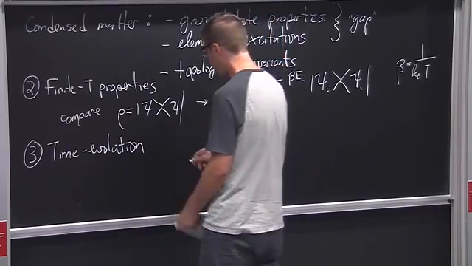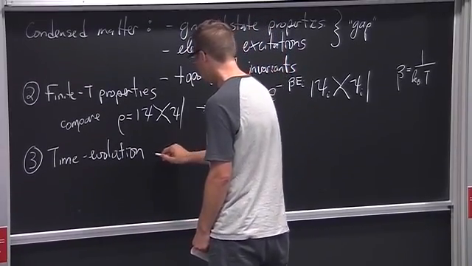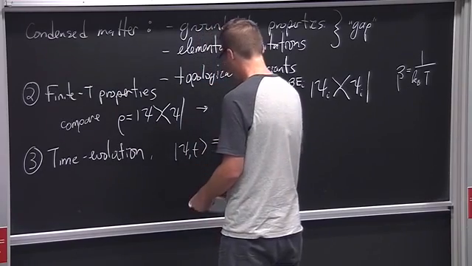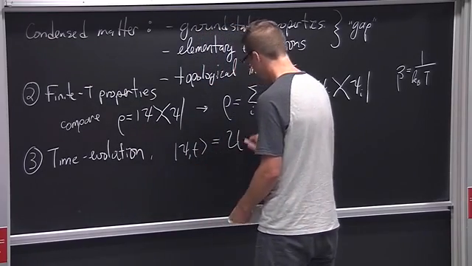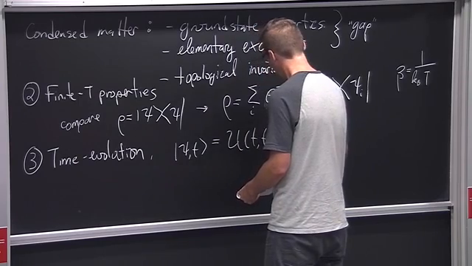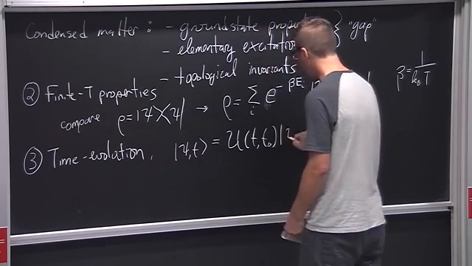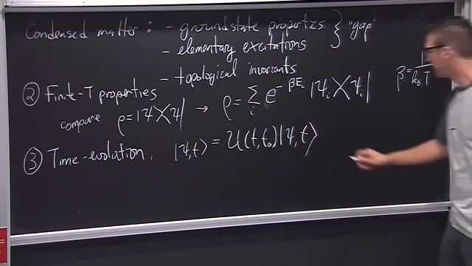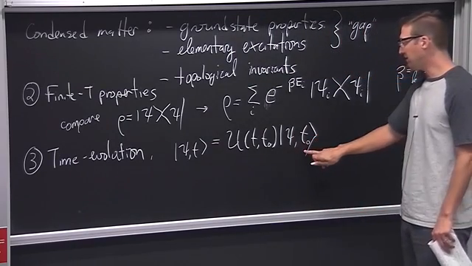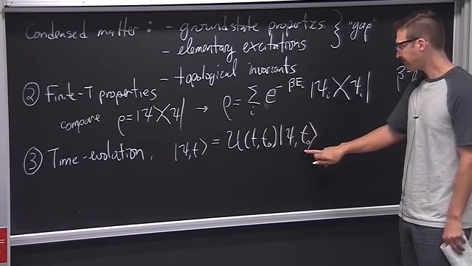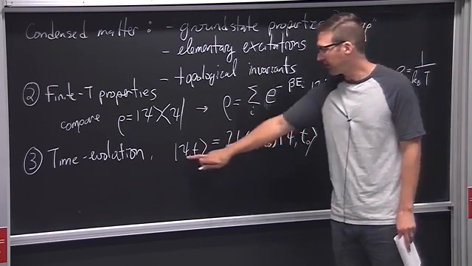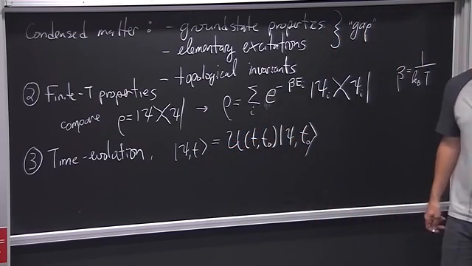For time evolution, you're taking your wave function and applying the time evolution operator, which I just called T there, starting at t naught. So I take a wave function at some time t naught, and then I want to time evolve it to some later time through this operator, and I get the wave function at some time t.